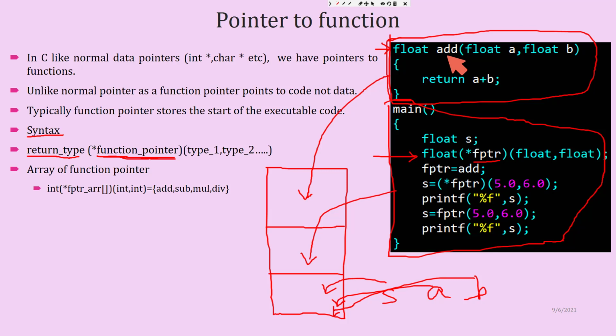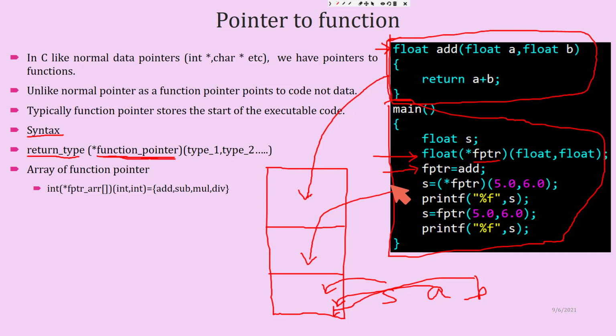Similar to an array name, a function name also contains some address value. I already told you an array name is a pointer. Similarly, a function name is also a pointer to the code. So that is stored in fptr. So fptr can hold the address value of a function. This is how the address is assigned.